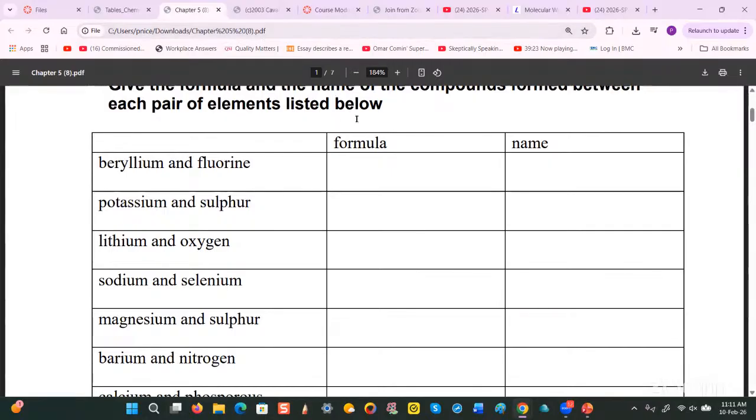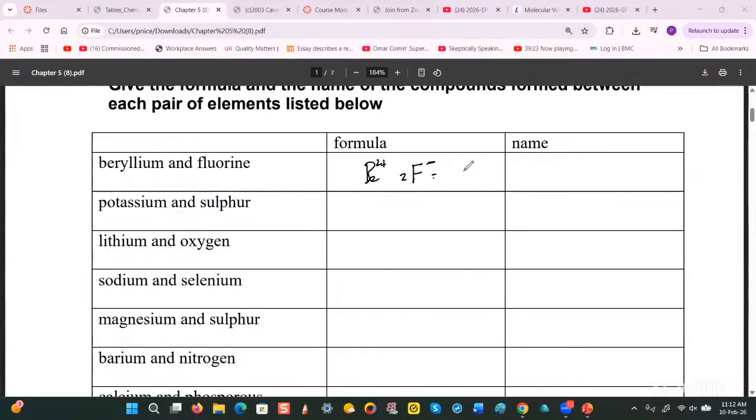So in the case of the combination of beryllium and fluorine, if you go to the table, you'll see that beryllium will have a +2 charge, and the fluoride ion will have a -1 charge. All right. So as I said before, you need a compound to be electrically neutral, which means that you need the number of plus charges to be equal to the number of negative charges, which means that you need to multiply this by 2, right?